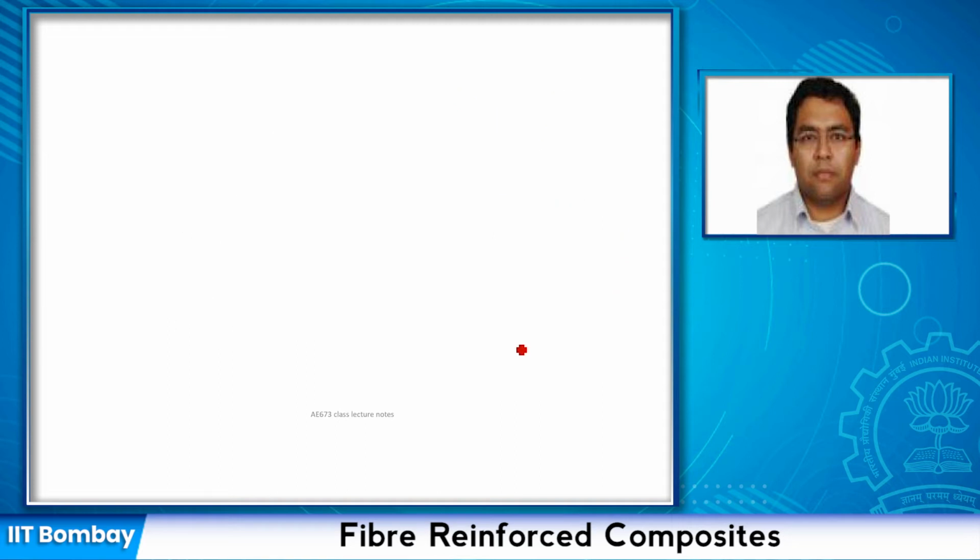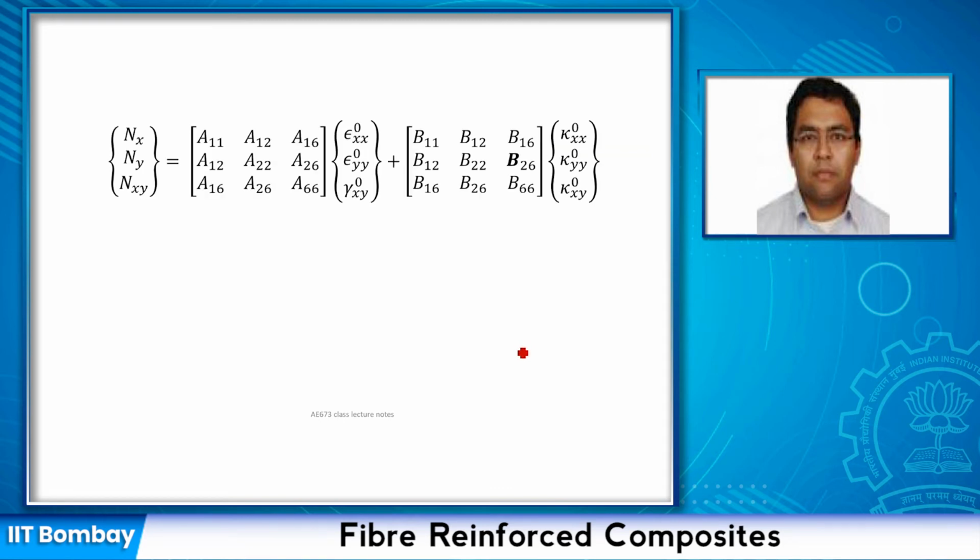So now, if you recall, we started off saying nx is integral sigma x dz. Then I have substituted here Q bar into epsilon 0 plus z times kappa 0. I am not putting all those subscripts. I just want to recap for you here quickly, so you can make the connection.